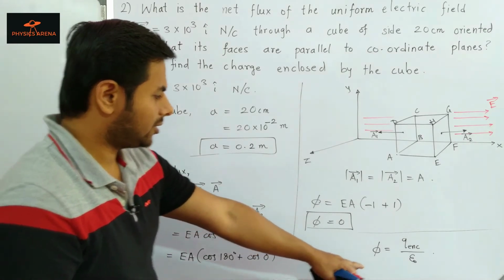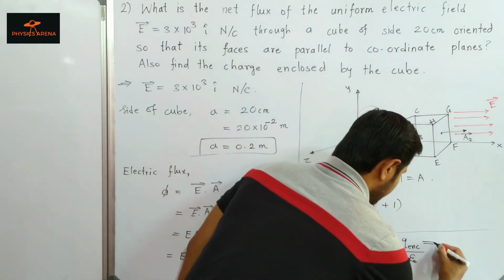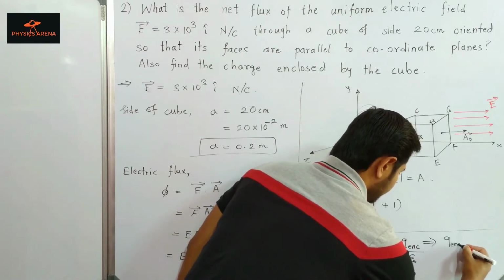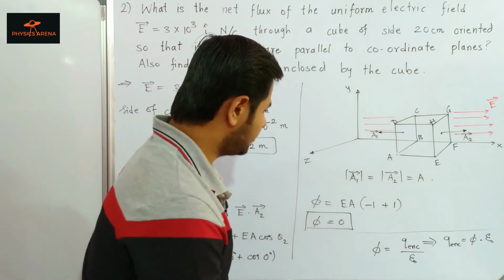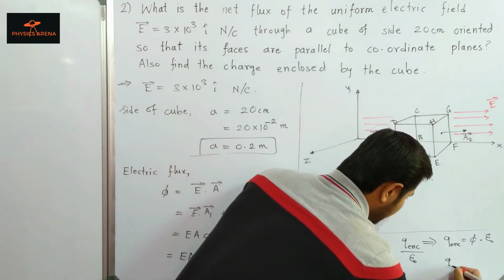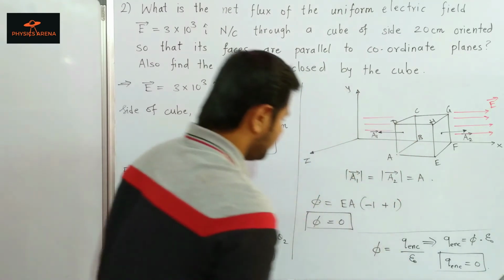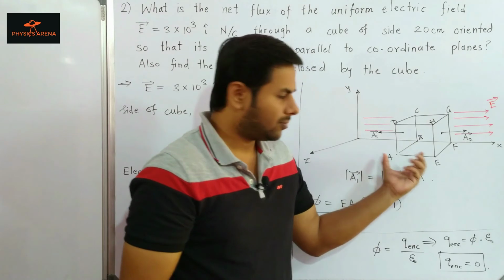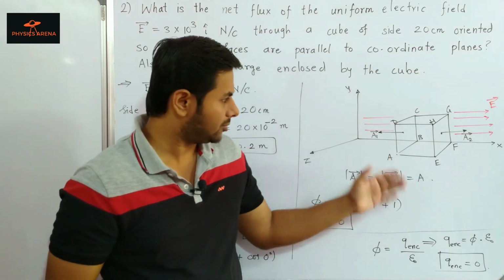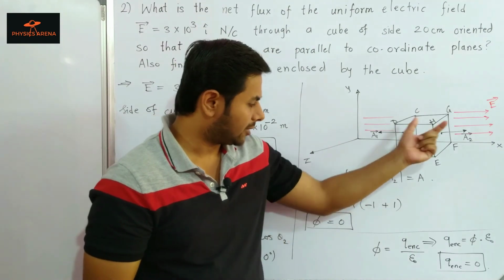So charge enclosed is phi times epsilon naught. Since phi is 0, we can say that the charge enclosed is also equal to 0. Okay, so there is no flux through this cube due to this electric field, and also there is no charge enclosed by the cube.